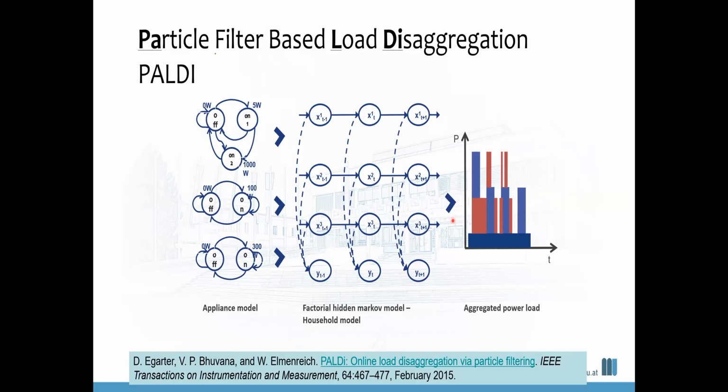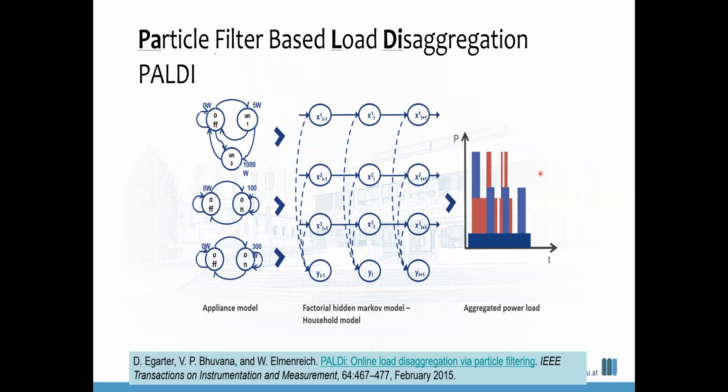And the problem is we cannot observe the individual devices. All we can observe is the sum of the power consumptions of those devices. So what we can observe is this Y here. And what we know is that Y consists of several parts or fractions. Those parts, when modeled like this, would follow a Markov model where we have a certain probability for a state change over the time steps.